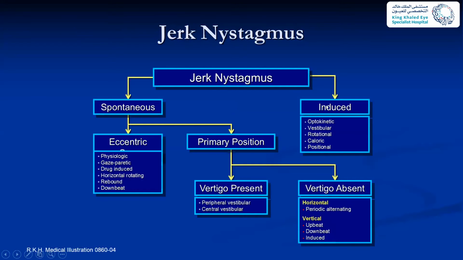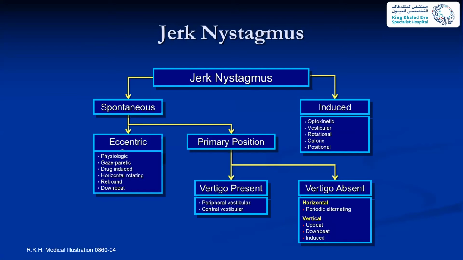What do you mean by induced? Like you put the optokinetic drum and you see that the eye starts moving. Or you rotate the patient and then you see the eye. You put heat or cold in the ear and you see the eye movements.